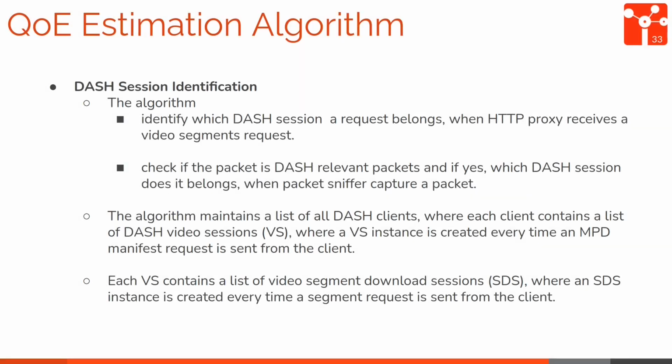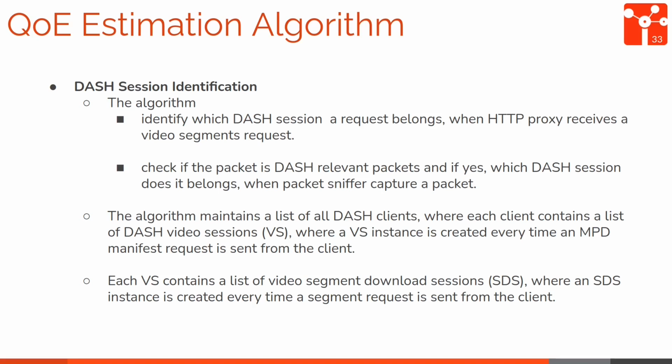Now let's move on to the QoE estimation algorithm. For any video streaming session, to identify the video quality, first we need to identify the video session start and end correctly. Without identifying the video session correctly, it will produce false quality estimations.